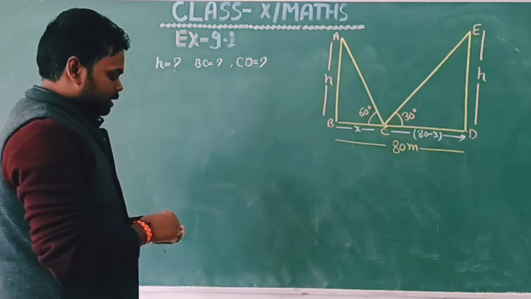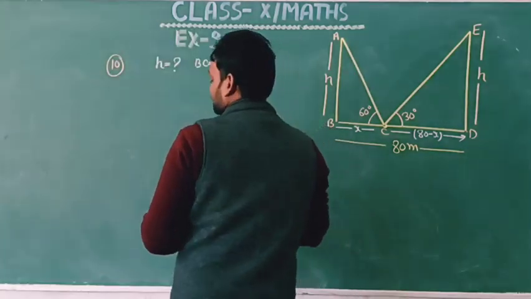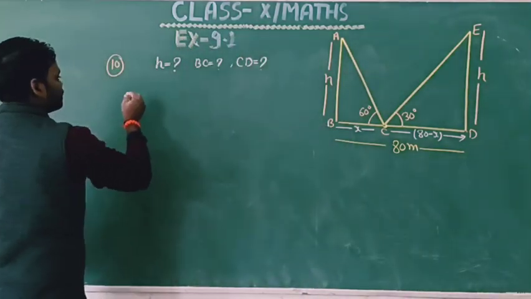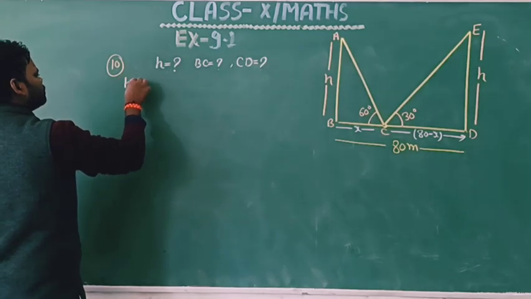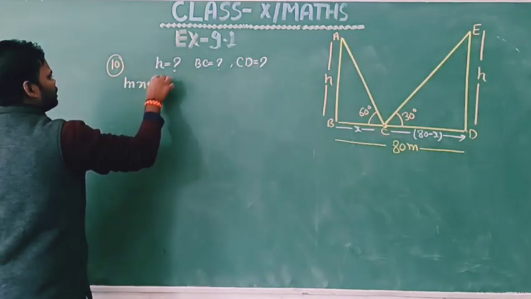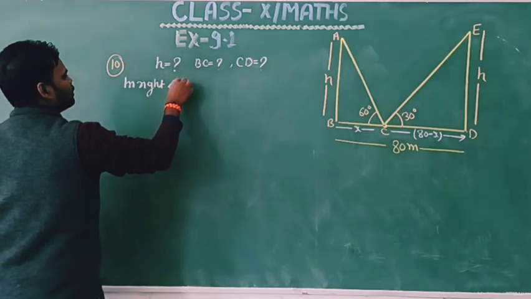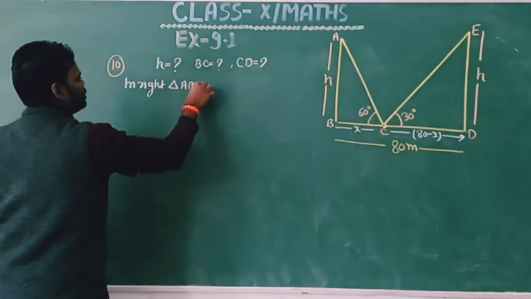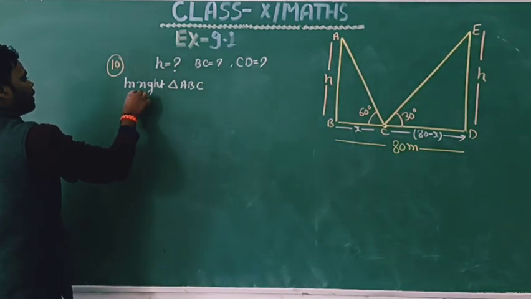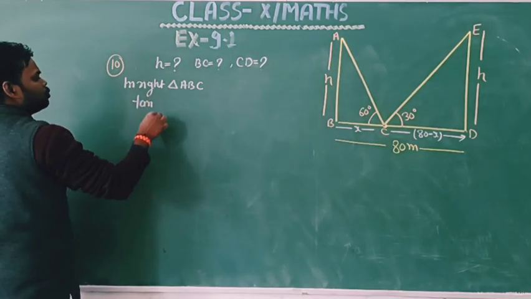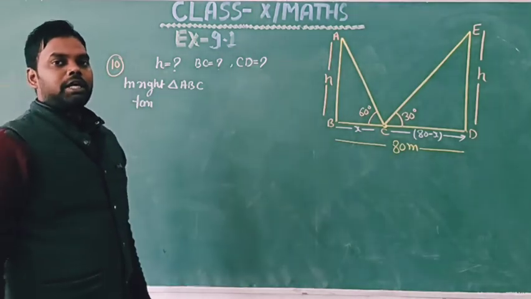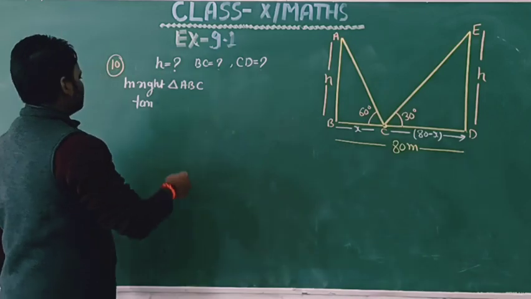So first let us consider the right angle triangle ABC. In right triangle ABC, choose the tan 60 trigonometric ratio.